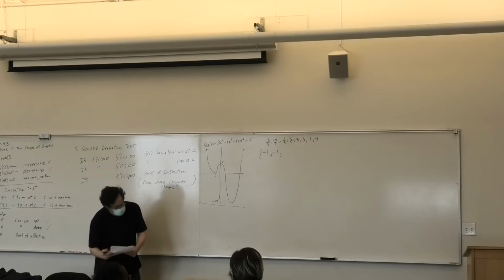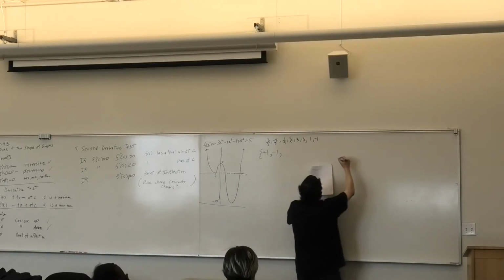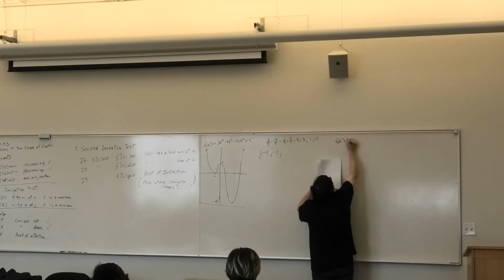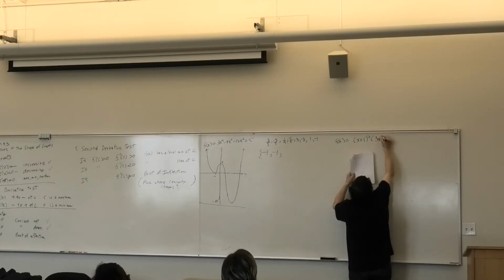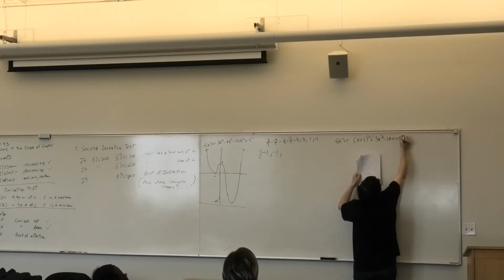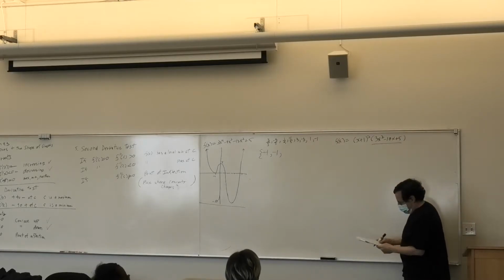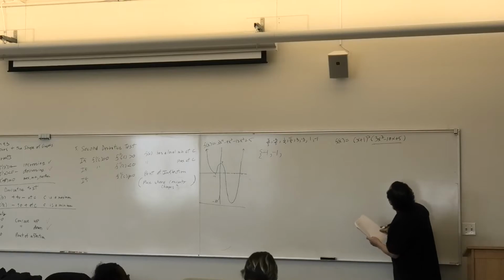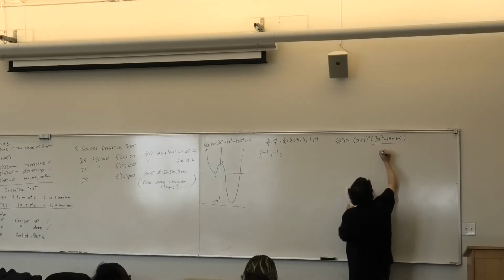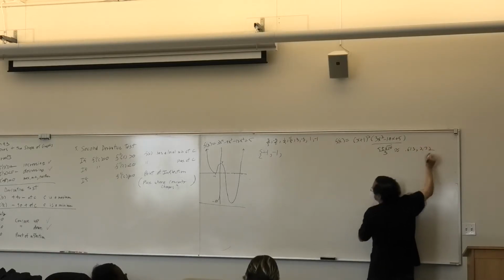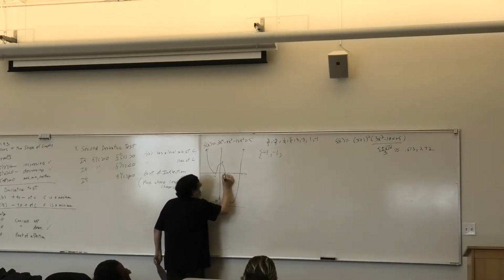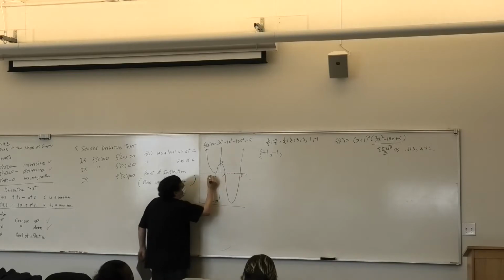So this becomes x plus 1 squared times 3x squared minus 10x plus 5. Well, now this is a quadratic. We can use the quadratic formula. And if you apply it, you'll find that the solution is 5 plus or minus the square root of 10 over 3, which is approximately 0.613 and 2.72, which are these points here and here. There's my -1.